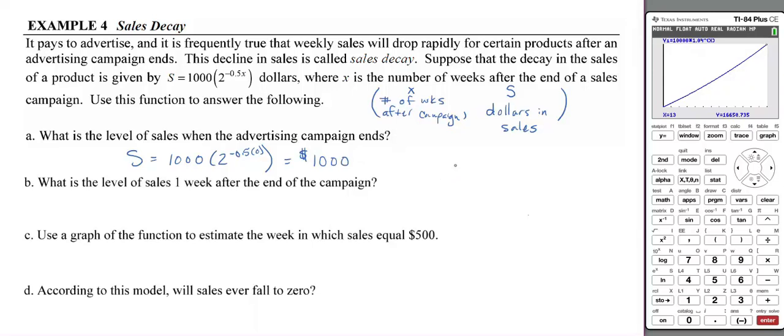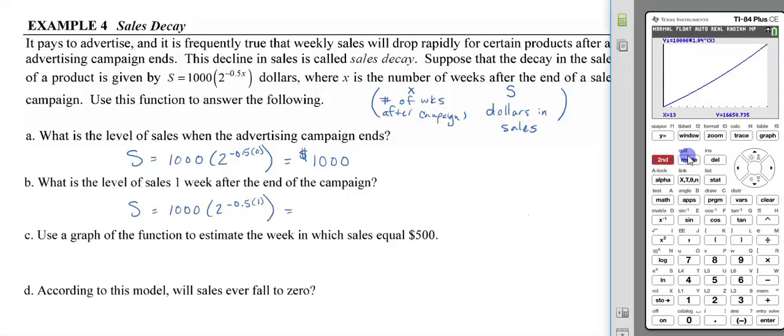Now, what is the level of sales 1 week after the end of the campaign? So for us there, x would be 1. So we're simply going to put this into the function. There we go.